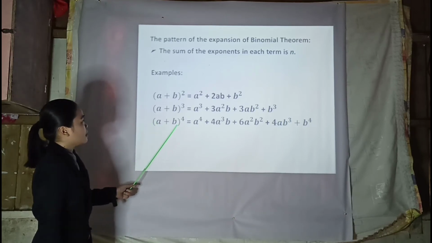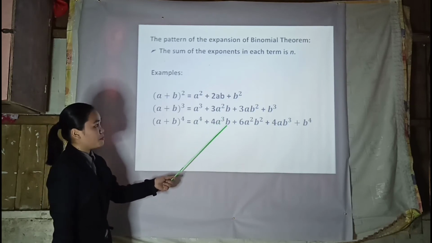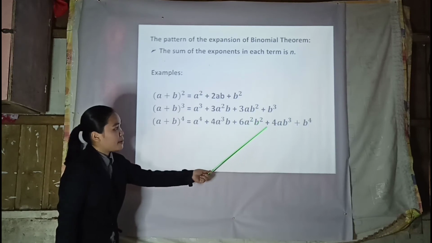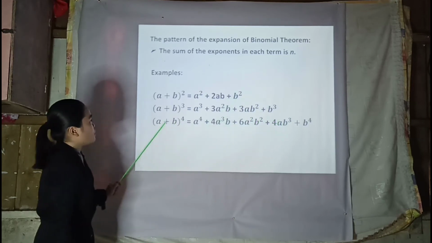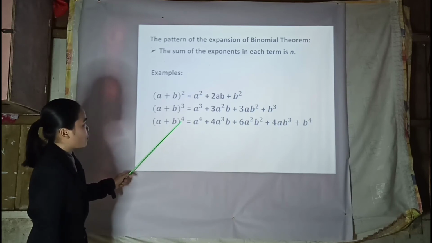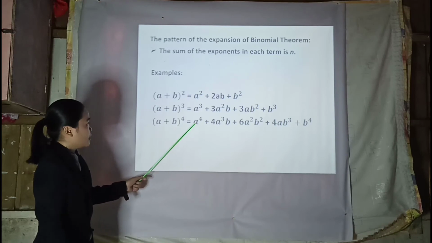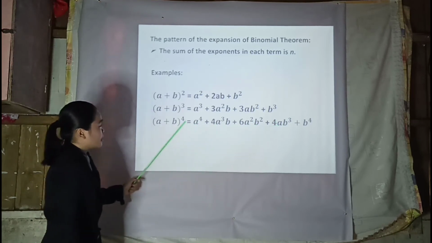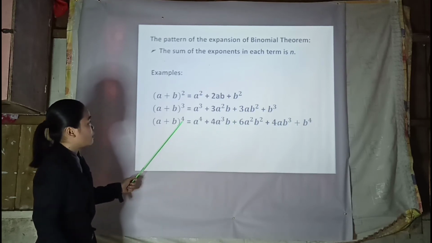(a + b) raised to 4 equals a to the 4 plus 4a cubed b plus 6a squared b squared plus 4ab cubed plus b to the 4. Since our n here is 4, or our exponent is 4 from the given expression, in each term, as you can notice, the sum of the exponents is also the n, which is 4.